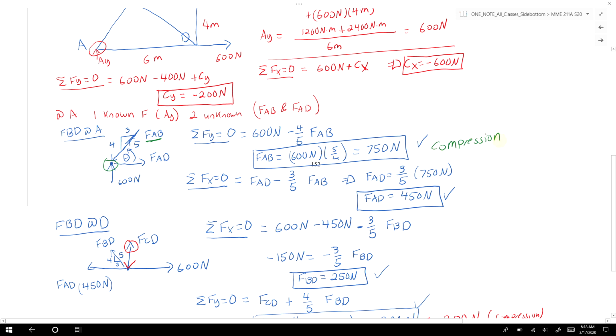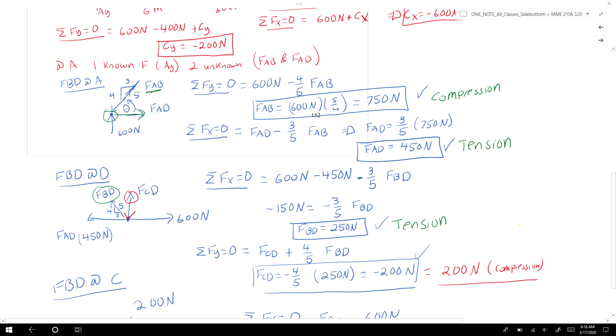All right, and then we see that FAD is coming out of our joint, so that member would be in tension. And FBD, if we look at our diagram, is coming out of our joint, so that would be in tension.